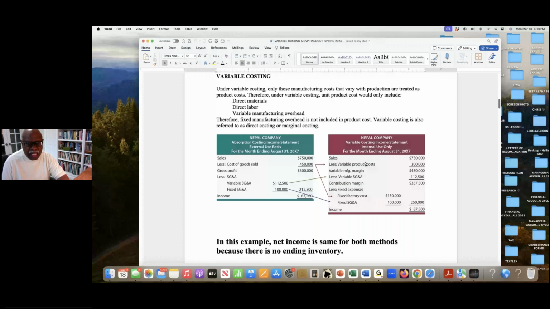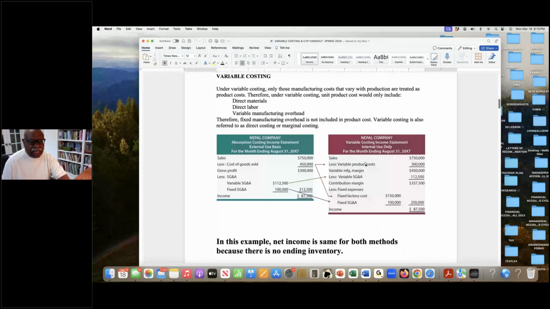Once again, a key concept that we're using. Then less the fixed expenses, fixed factory costs, and fixed selling and administrative expenses to get our net income. So it is this variable costing income statement that we'll be working with over the next 6 weeks.